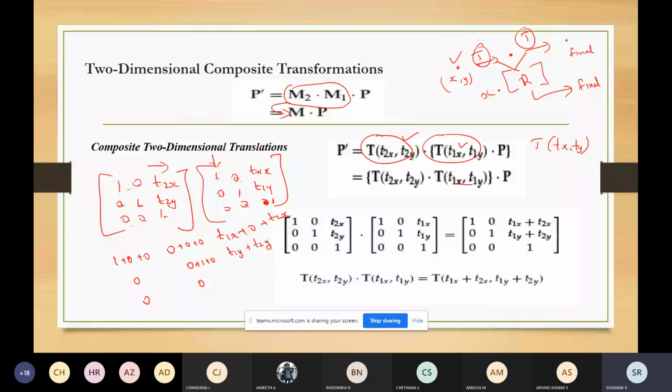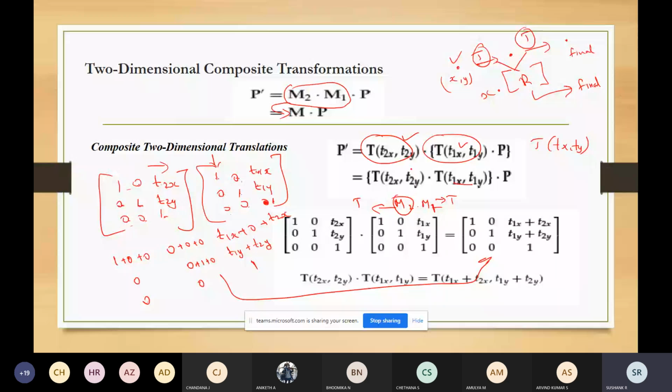So the final matrix, this is what I've got: 1 0 T1x plus T2x, 0 1 T1y plus T2y, 0 0 1. So whenever two matrices are there, M2 is for translation and M1 is also for translation, at that point you can find the final product, which is the addition of individual terms.